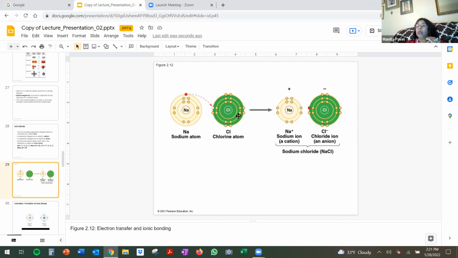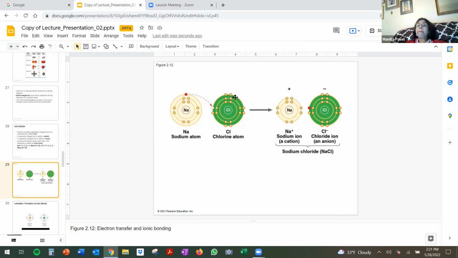So sodium atom, by donating the electron, which is negatively charged, to chlorine atom, now becomes a positively charged sodium ion. It's a cation because it is positively charged. Why is it becoming a positively charged sodium ion? It has given away its negative charge, which is the electron, to chlorine atom.